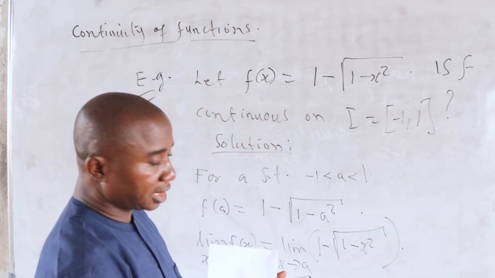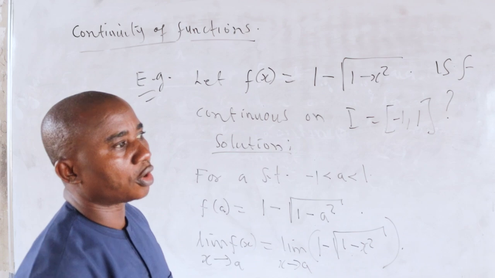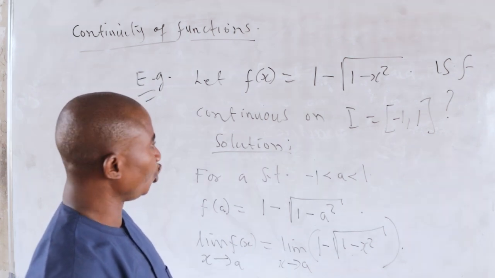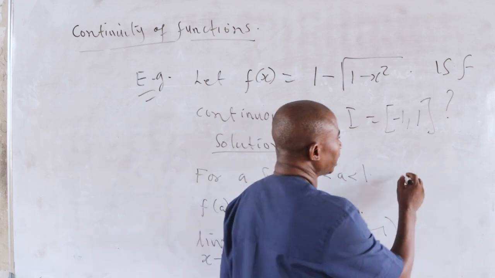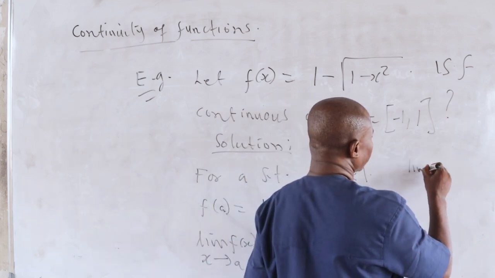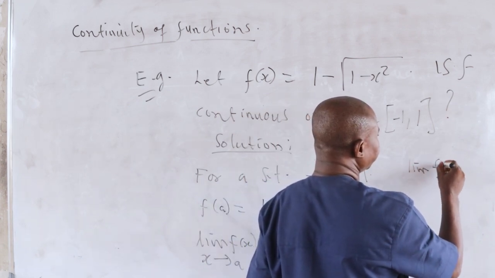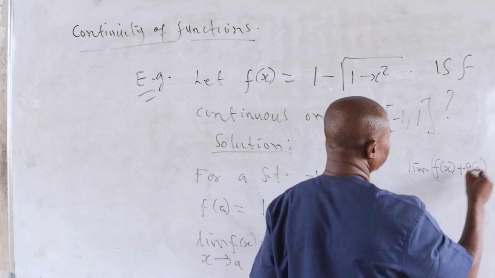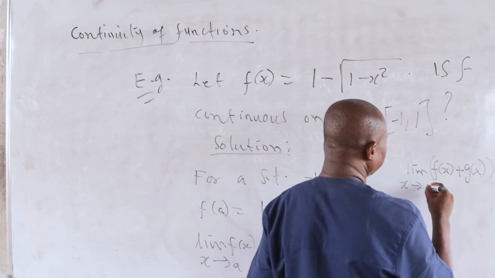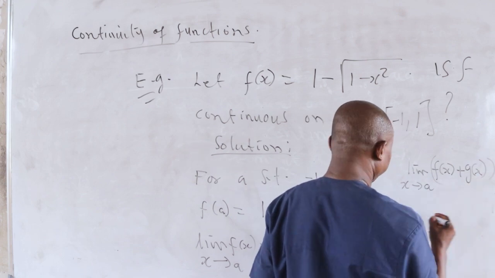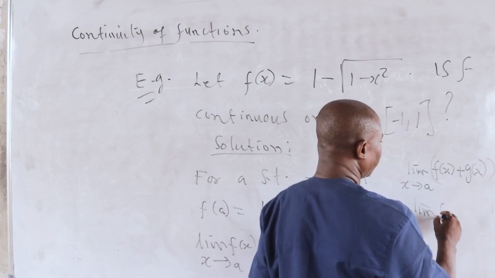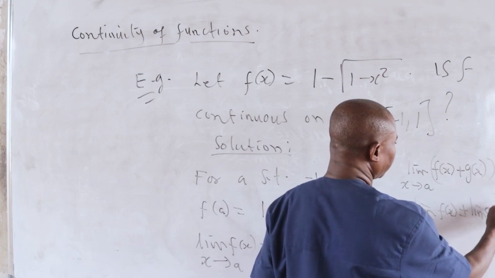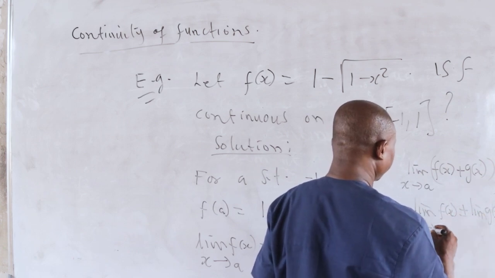If you remember the rules of limits we studied before, we know that the limit of f of x plus or minus g of x as x tends to a is the same thing as the limit of f of x plus or minus the limit of g of x as x tends to a.